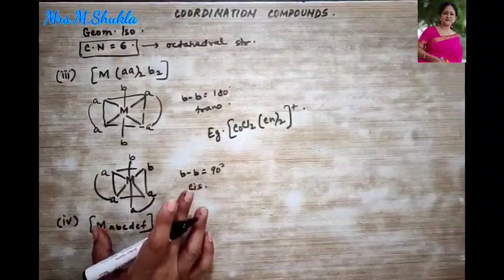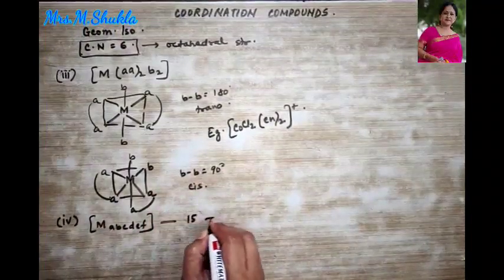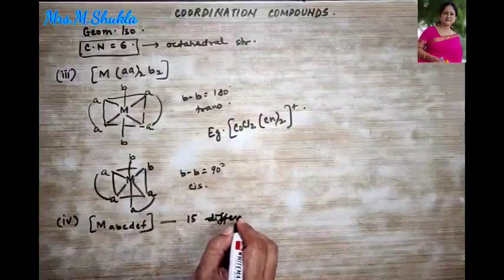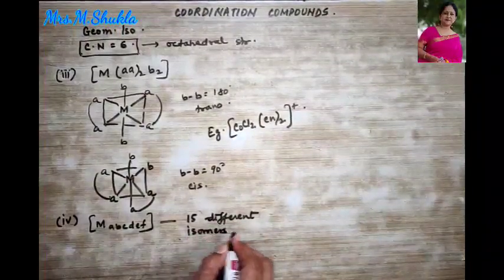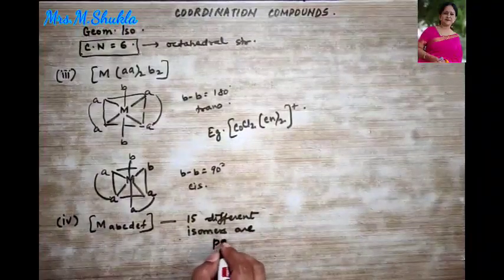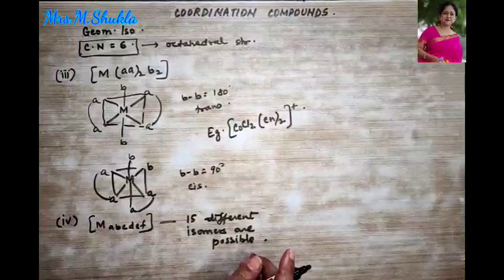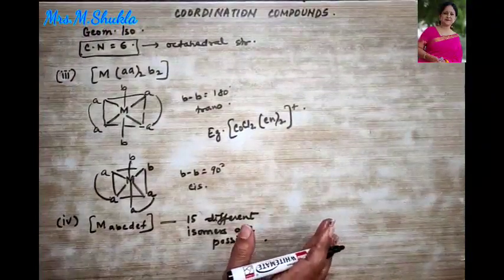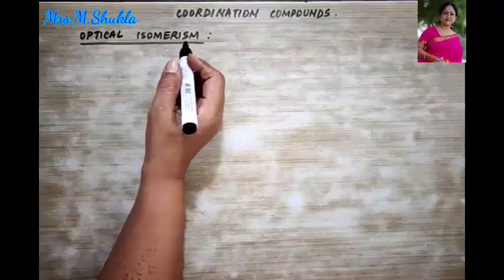Theoretically 15 different isomers are possible over here. Okay, so this was all about your geometrical isomerism. Let us begin with optical isomerism.